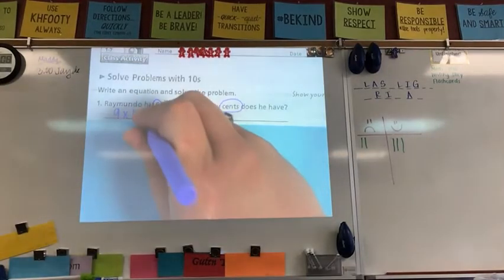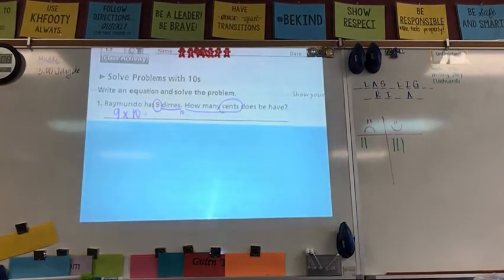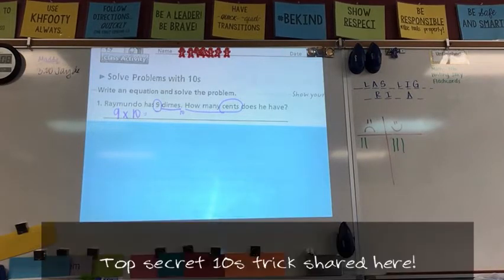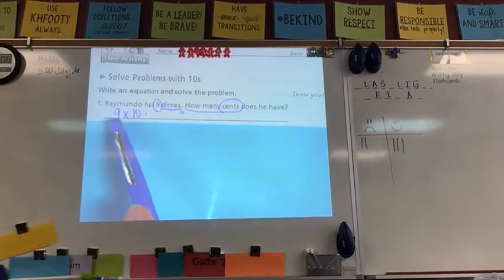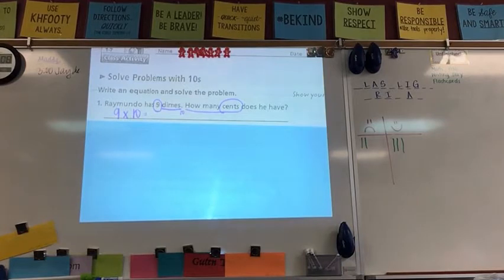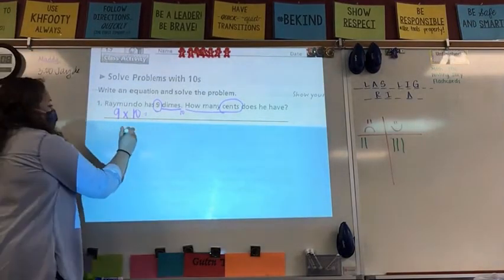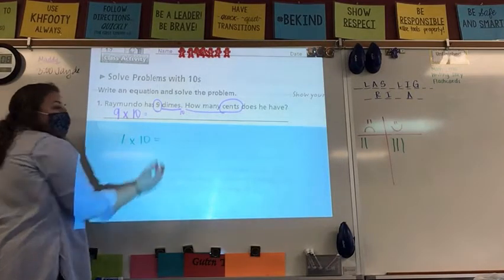Make sure that 9 is facing the right way. Times 10, and I don't even know if you guys know this, but you don't even have to count by your tens. Do you know why? Every time you multiply by 10, all you have to do is add a 0. You want me to prove it? What's 1 times 10? 10.